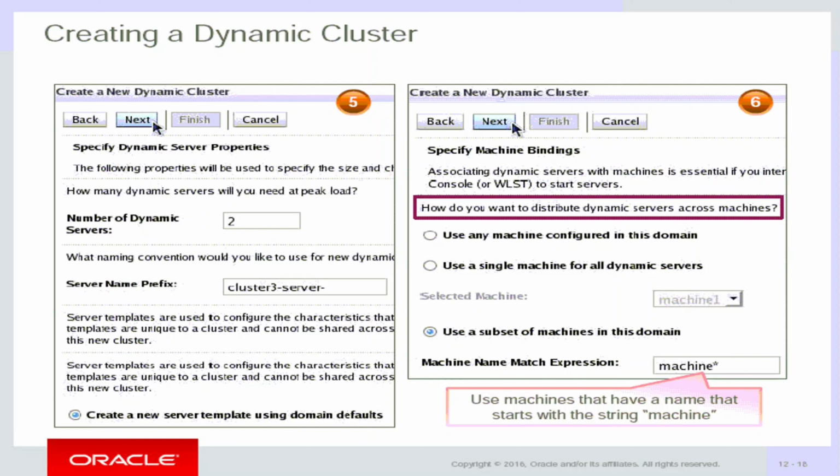Or we can also use a subset of machines in this domain where we can provide the match expression of our machine, and accordingly the server would be bound to a particular machine when the dynamic server is created. The machine calculation and the dynamic server calculation are automatically done by WebLogic.